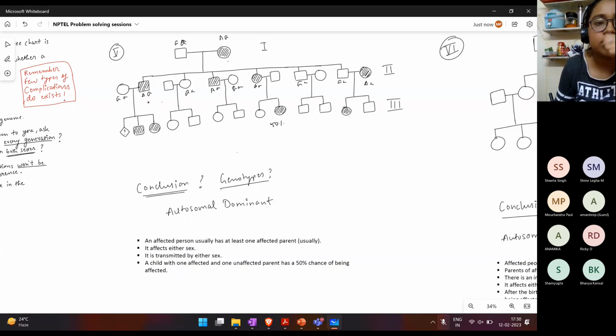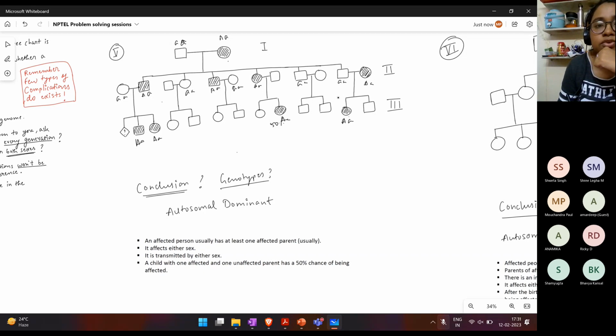Autosomal dominant here refers to heterozygous, right? So it can have Aa, and this will be aa. You're understanding how I'm writing the genotyping, right?